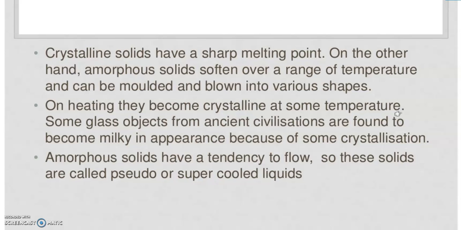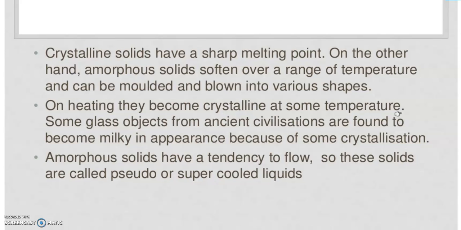On heating, they become crystalline at some temperature. For example, some glass objects from ancient civilizations are found to become milky in appearance because of some crystallization. If we see some church window panes, after some years they change color. It is due to the crystallization process.